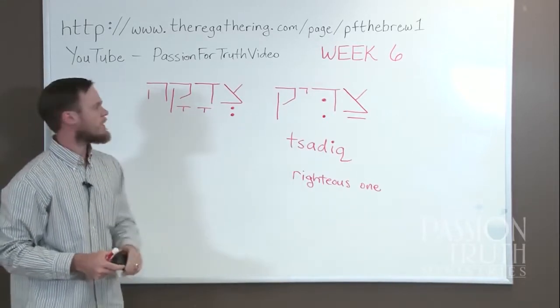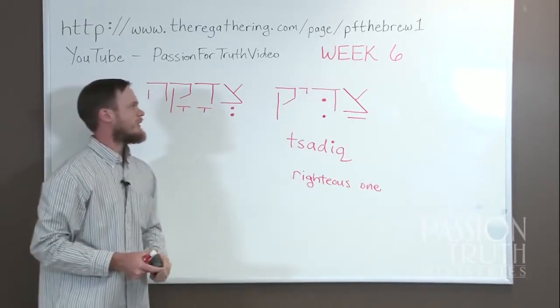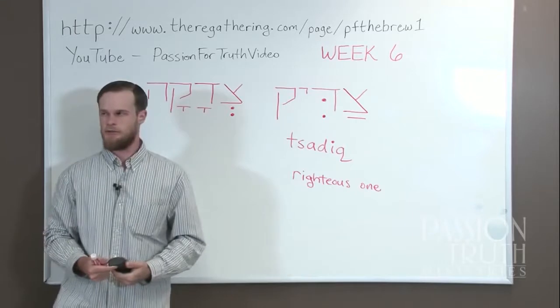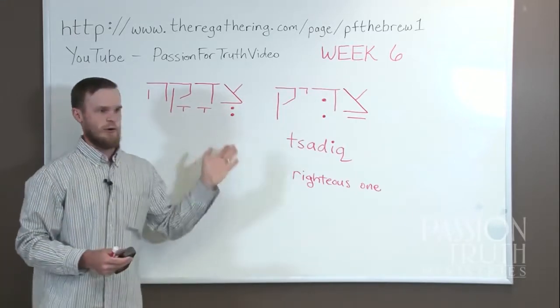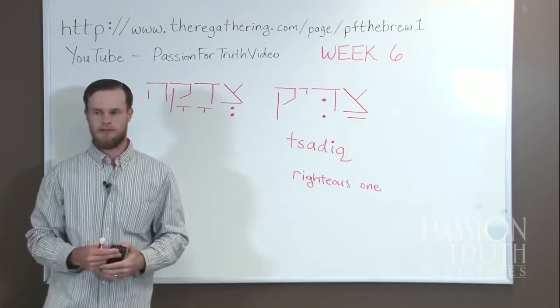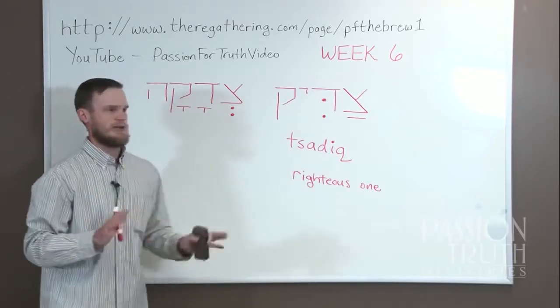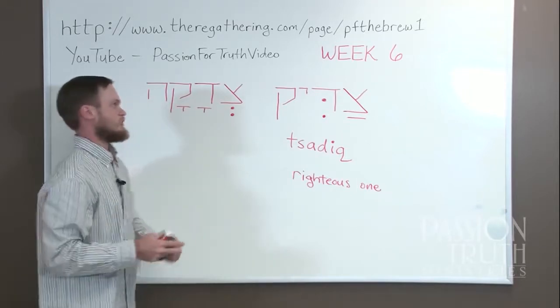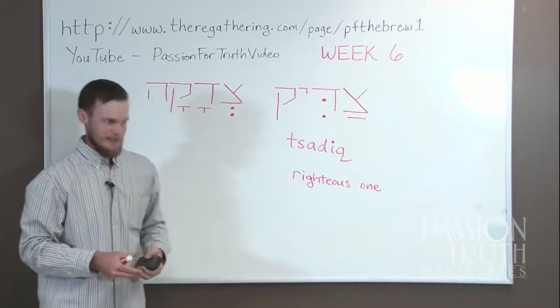I don't believe I've actually covered the shva vowel yet, have I? No. Okay. Well, I think that's next week. I've got the shva scheduled for it. For purposes of this word, consider it to be silent, or just a very small, very slight E sound. Sort of a little pause between the tzadi and the dalet. So tzad.